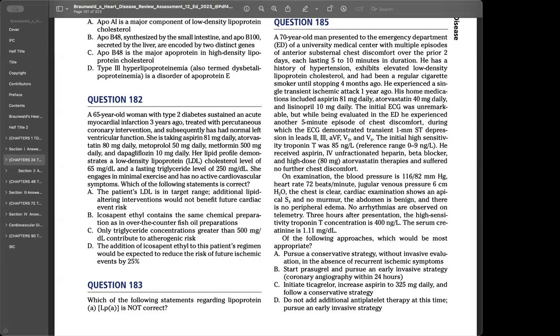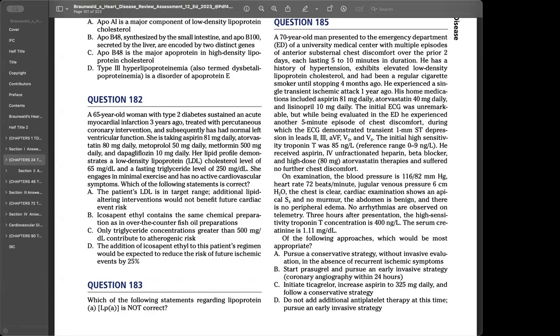Okay, thank you. Please, any contributions? I know that the current guidelines say that for non-ST segment elevation myocardial infarction, they should be on dual antiplatelets.